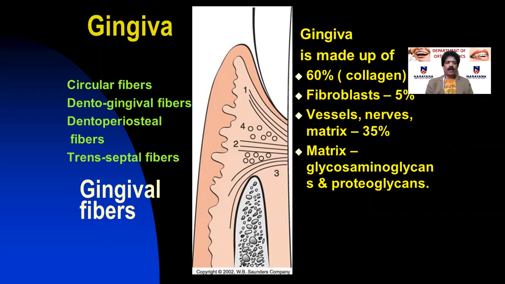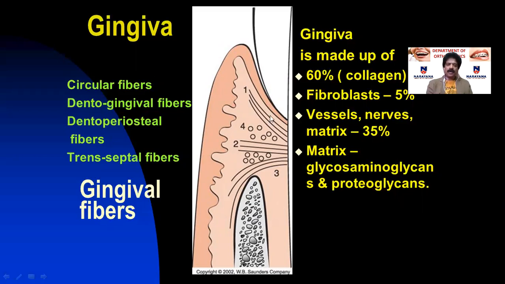So the gingiva, you have all the different fibers. Some of these fibers are very, very important, even in orthodontics. You'll have to remember the transseptal fibers. Once the treatment is over, in different cases, in spacing cases, in midline diastemas, in rotated teeth, post-orthodontic, you need to excise these fibers.